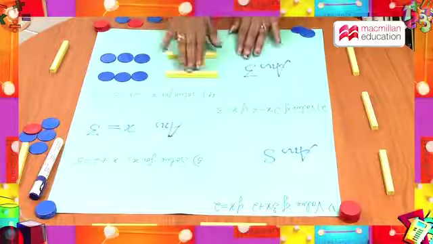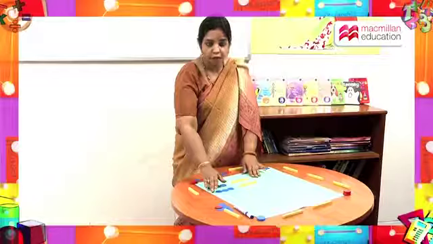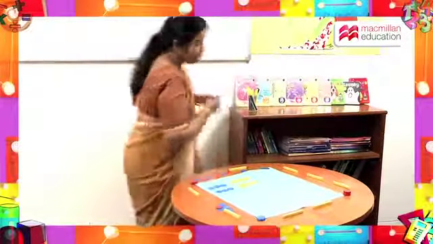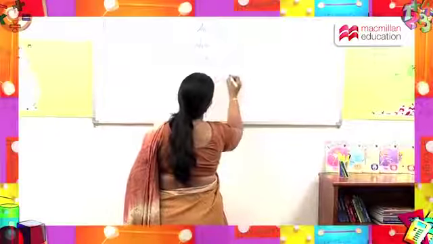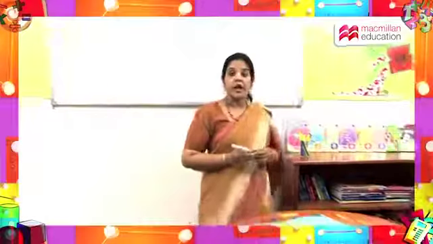That means my 1x is clearly equal to 3. So the solution for this is again x is equal to 3. I hope students you understood this and you will try to use it to make your concepts clear.